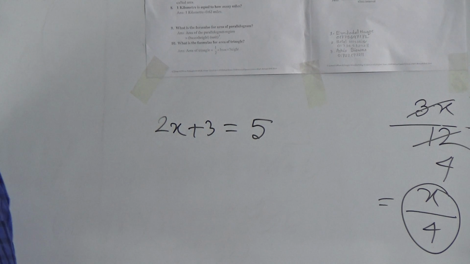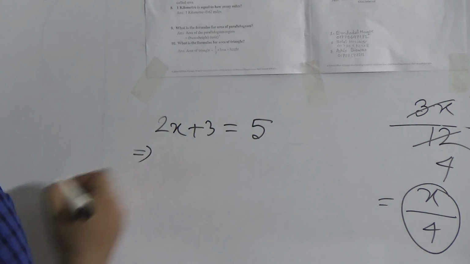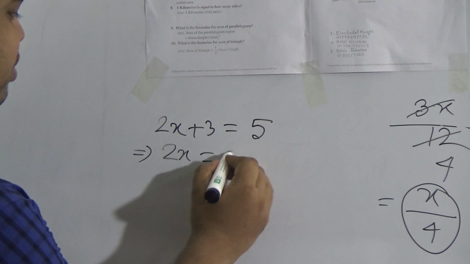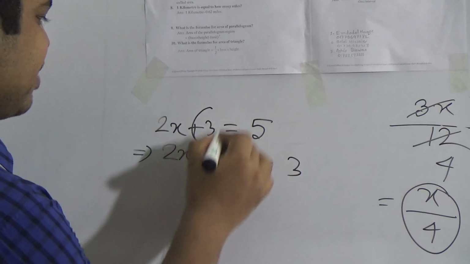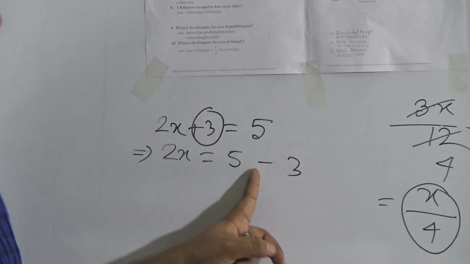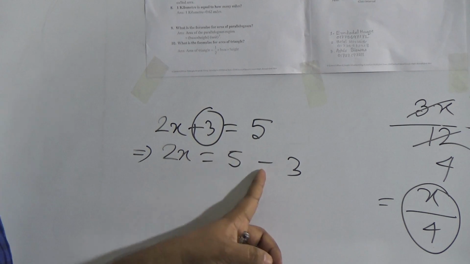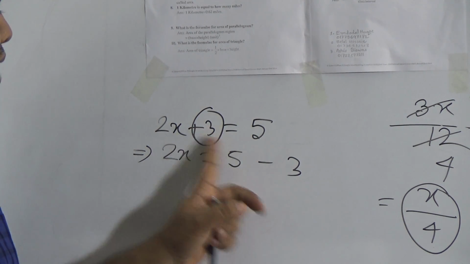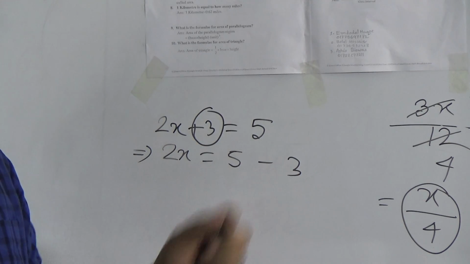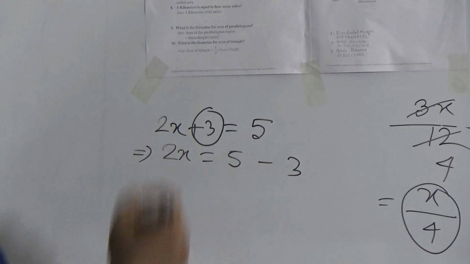This is an equation. We want to solve this. 2x equal to 5 minus 3. This 3 changes its position to the right hand side, and its sign is changed. That means here plus and it will be minus, and this is called the transposition law. I hope you have understood.